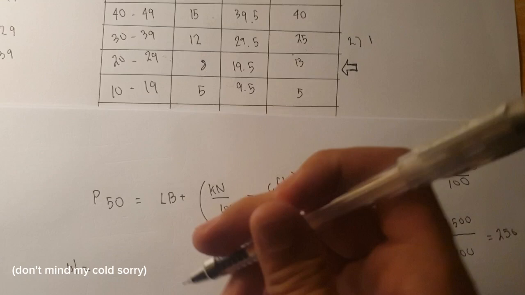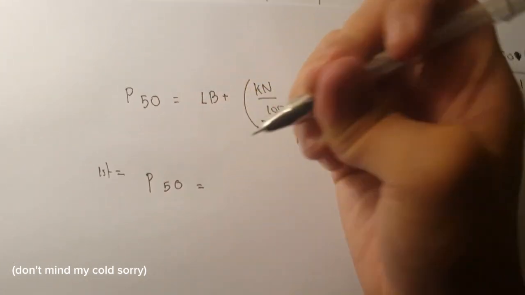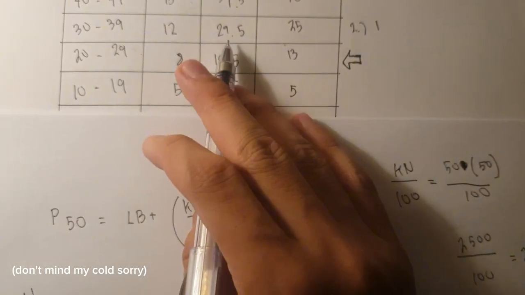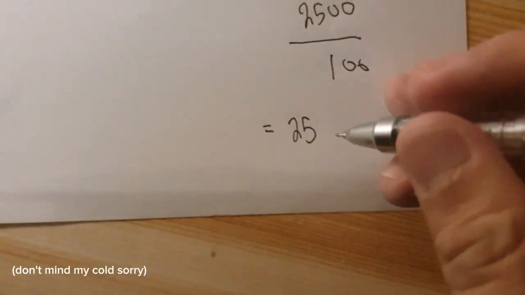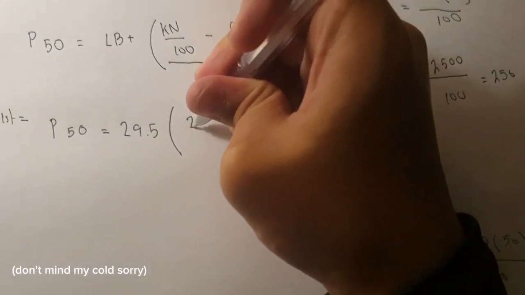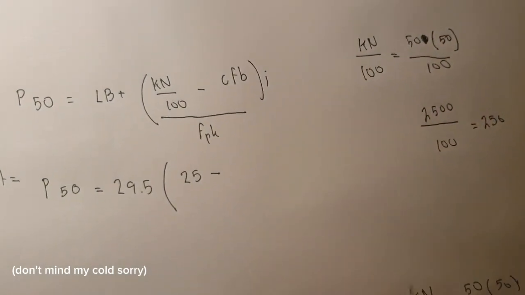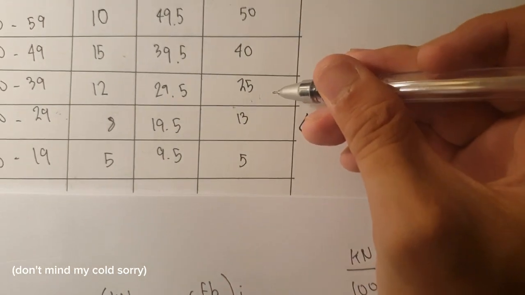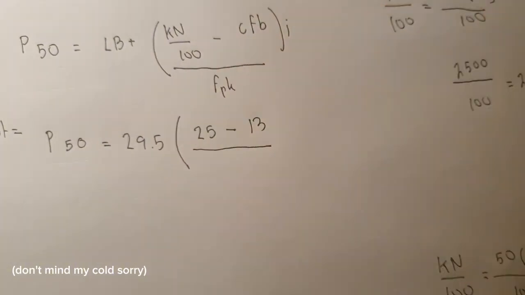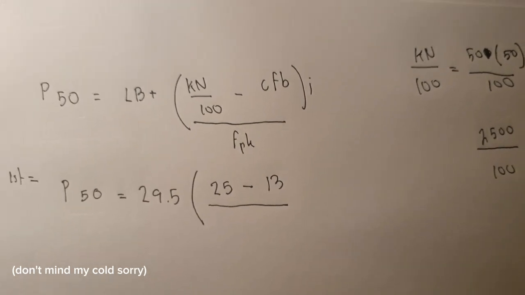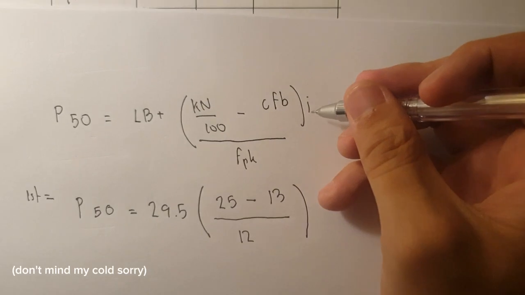Again, let's substitute. P50 equals the lower boundary of the 25 class, which is 29.5, plus 25 minus our CFB, the cumulative frequency before the PK class, which in the table underneath is 13, divided by the FPK, the frequency of the PK class, which is 12, times the class interval.